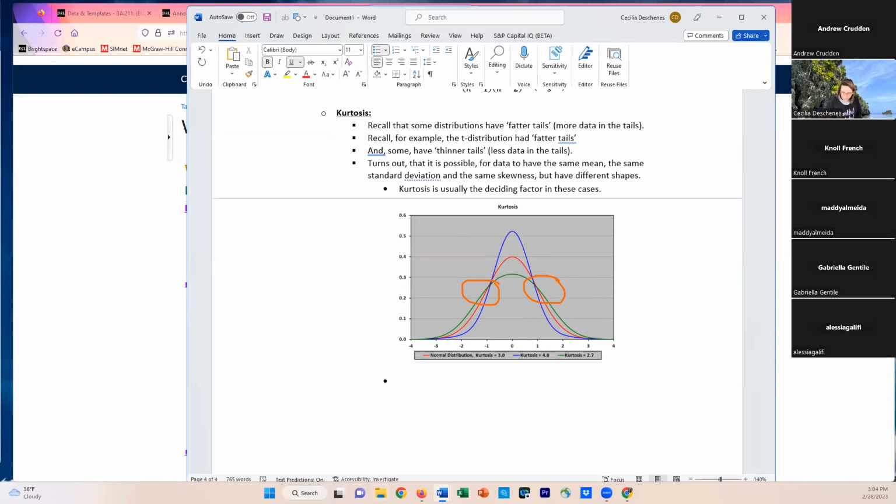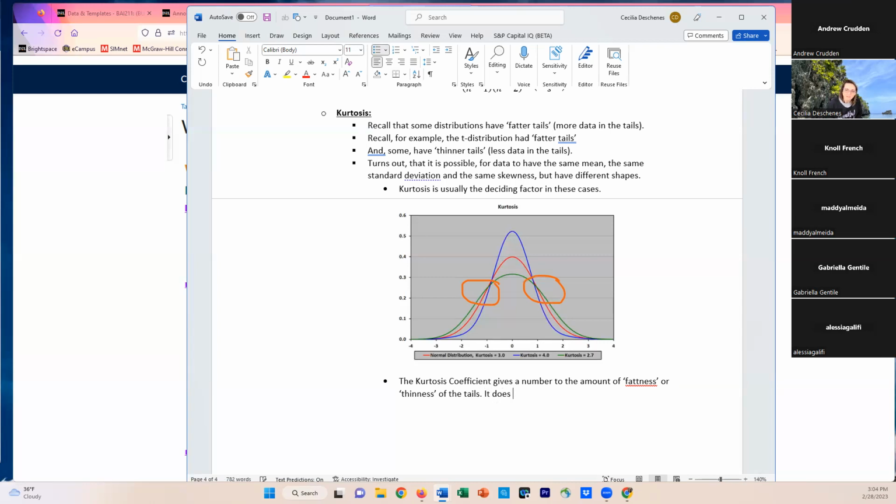Okay. So the kurtosis gives a number to the amount of fatness or thickness, how high above the x-axis it is, or thinness of the tails.